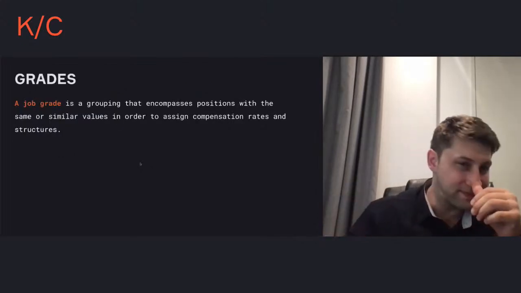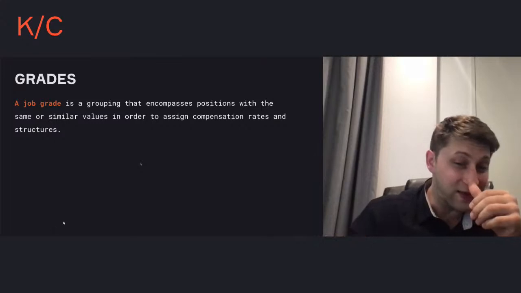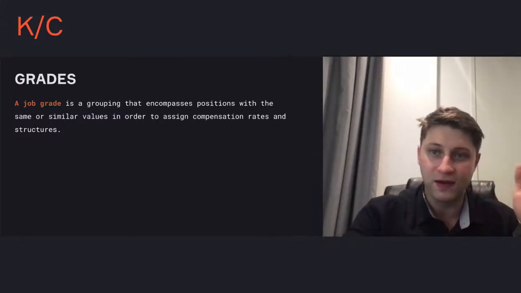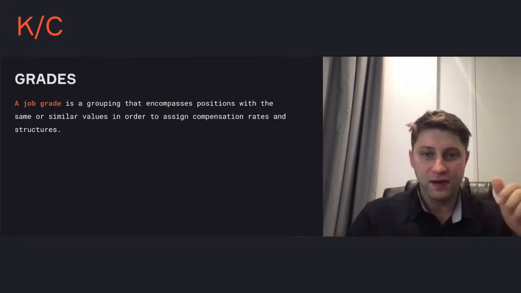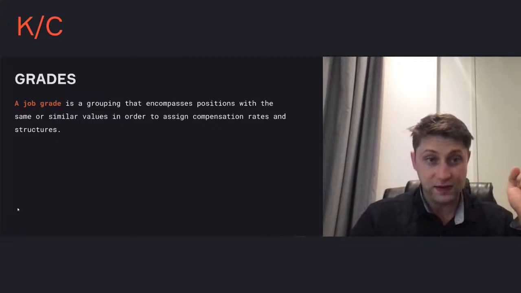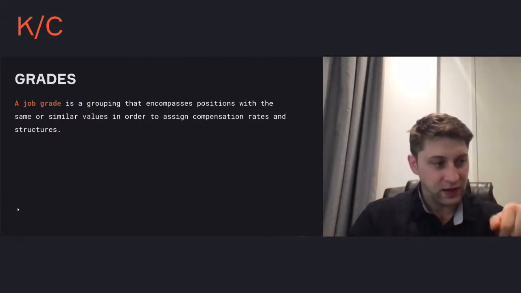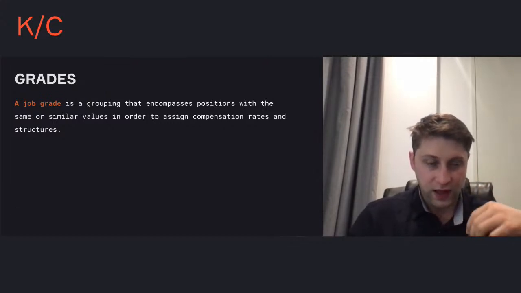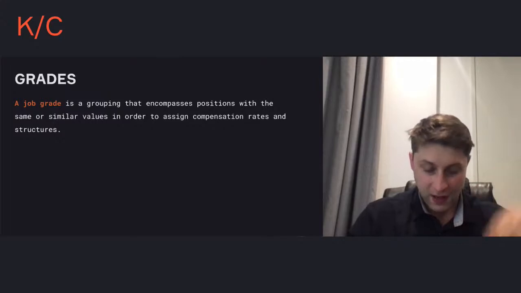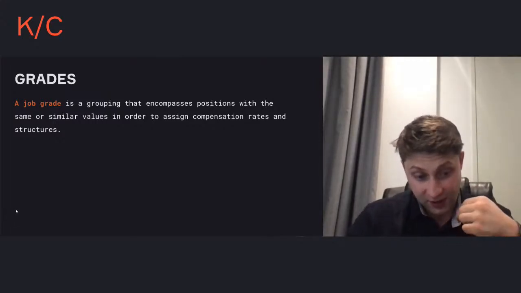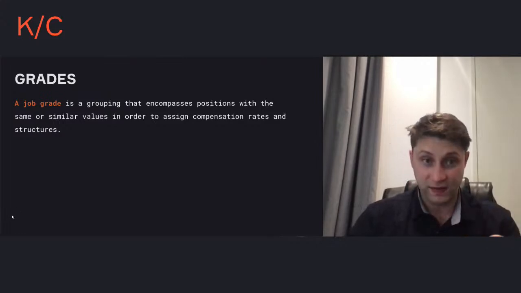I'm not sure that grades is the best description, but we can call it grade, level, whatever. But anyway, the idea is that you'd like to assign a specific level to the specific employee so that you would have expectations from this employee, and this employee also would know what is expected.